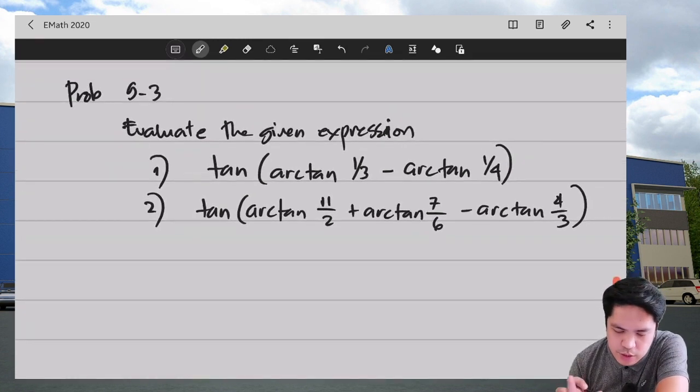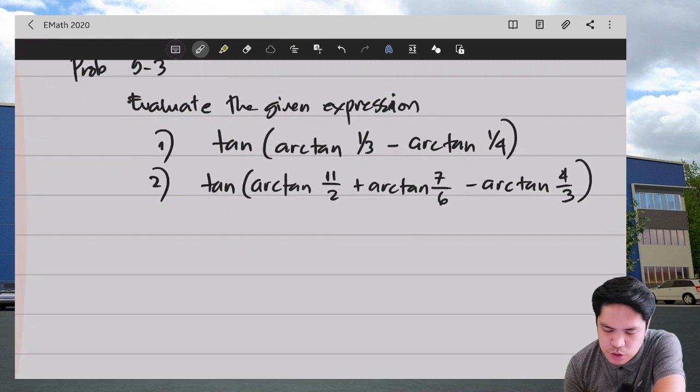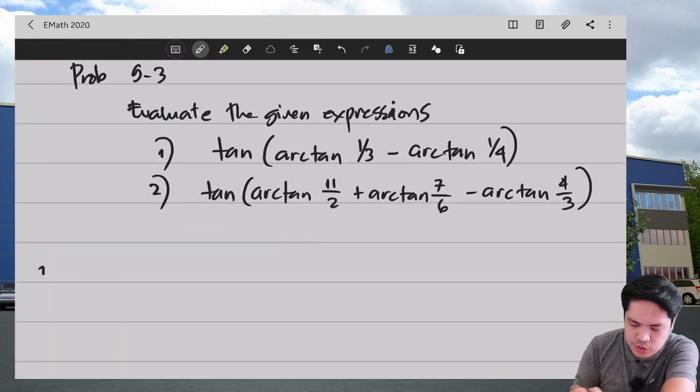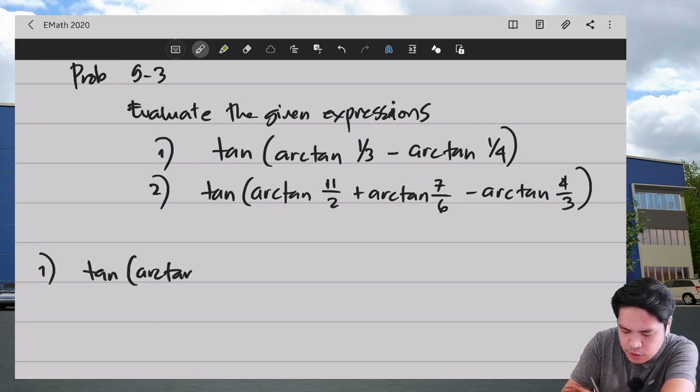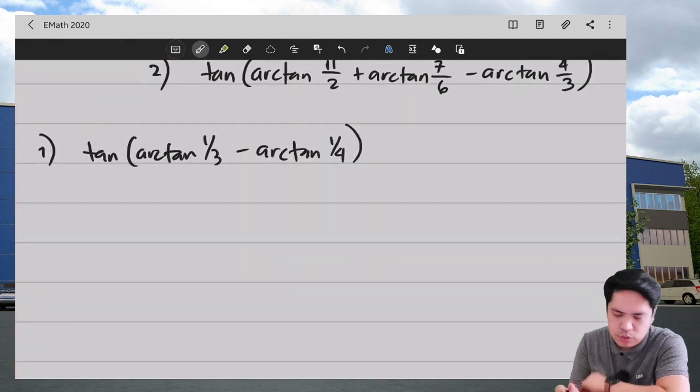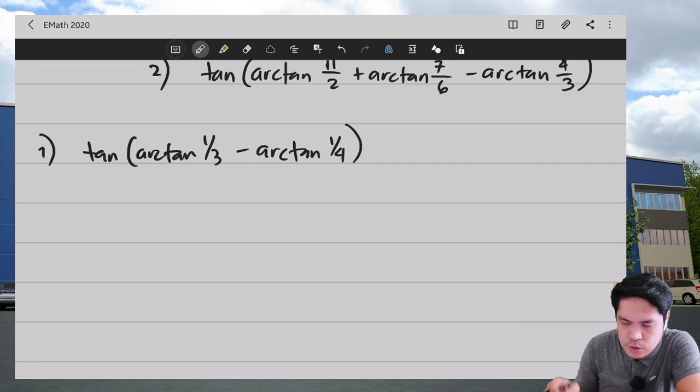Problem 9-3. Evaluate the given expression. There are two expressions. For number 1, we have tangent of arc tangent 1/3 minus arc tangent 1/4. We'll do the same as the previous problem.